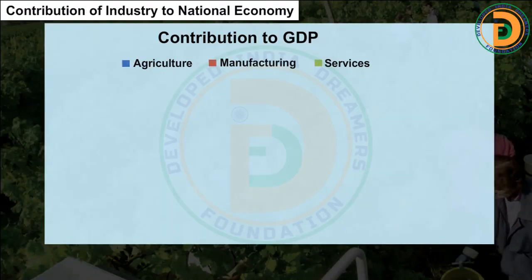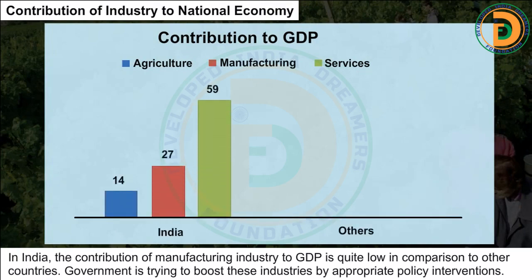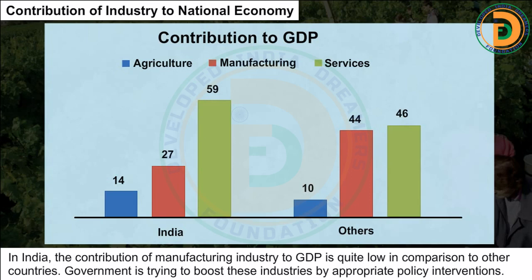Contribution of industry to national economy. In India, the contribution of manufacturing industry to GDP is quite low in comparison to other countries. The government is trying to boost these industries by appropriate policy interventions.